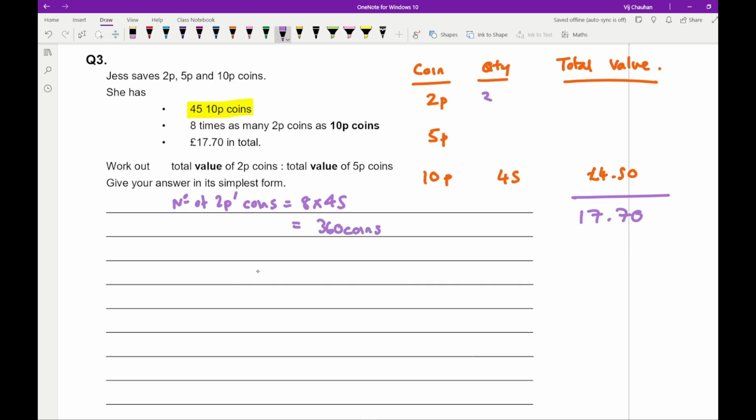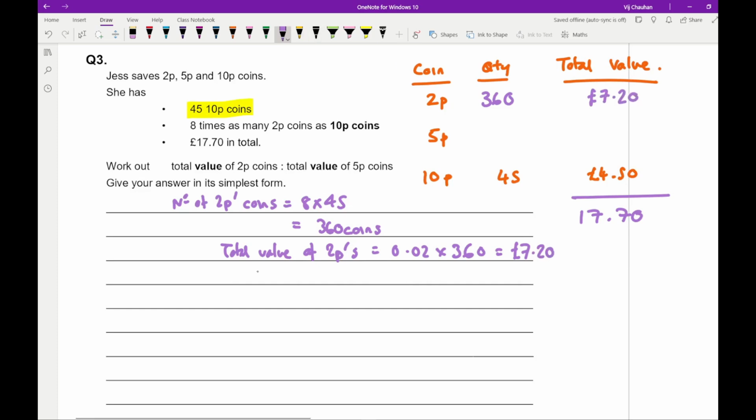So that there is going to be 360. And then I can work out the total value, which is going to be 0.02 times 360. And if I type that into my calculator, I get an answer of £7.20. So this here is going to be £7.20.